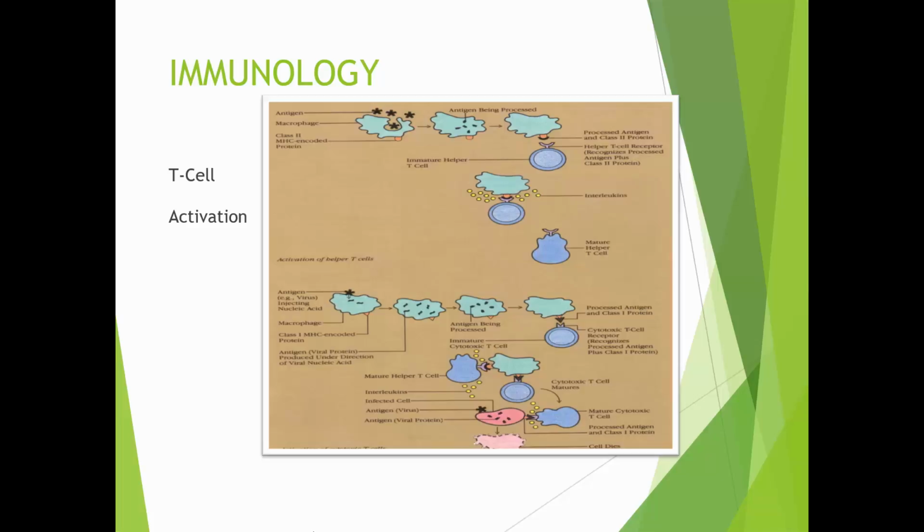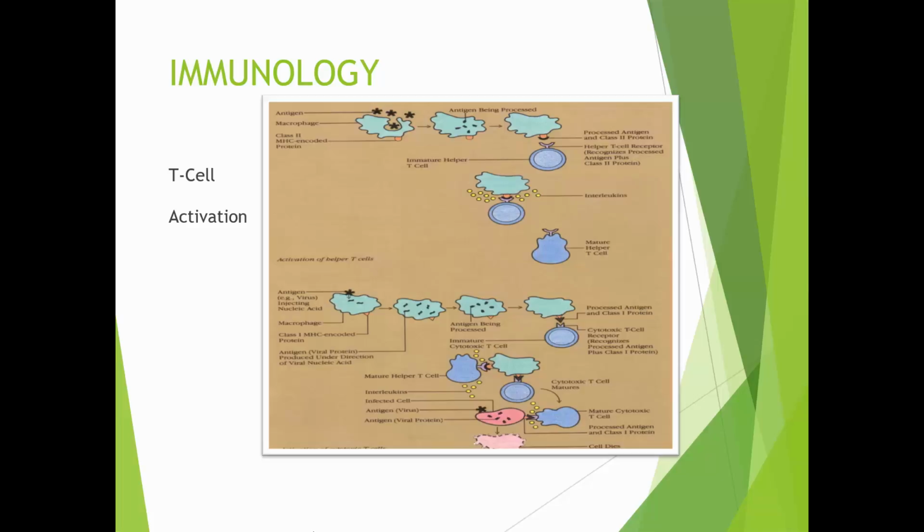They come in contact with a non-identical major histocompatibility complex antigen. The antigen is again processed and presented along with the class I major histocompatibility complex to immature cytotoxic T cells by the antigen presenting cell.